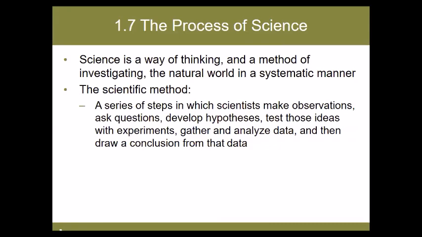Then they begin to test those hypotheses. They create experiments, use those experiments to test the hypothesis, gather information in the form of data, analyze that data, and then draw conclusions from that information. So you have basically a 5-step process in the scientific method.